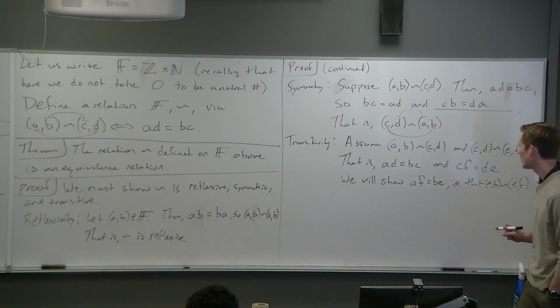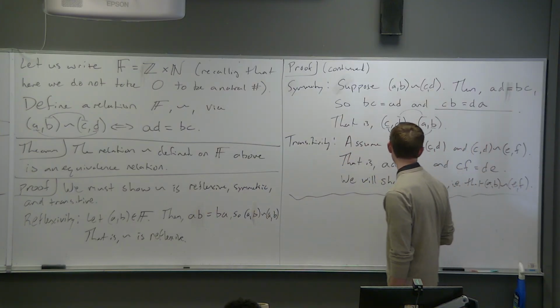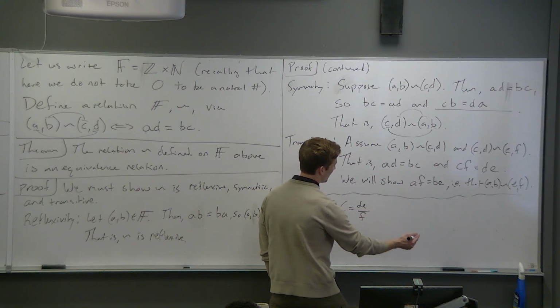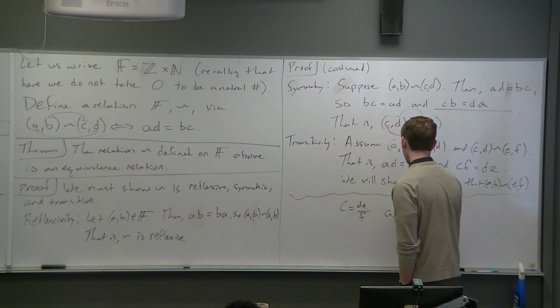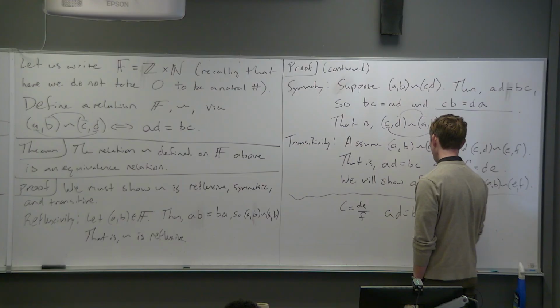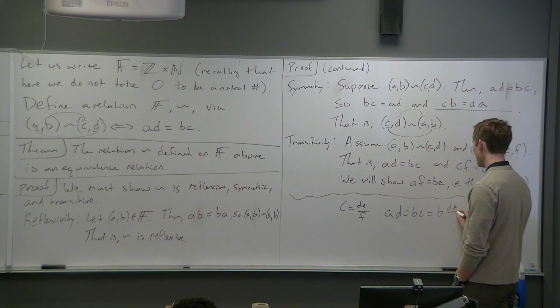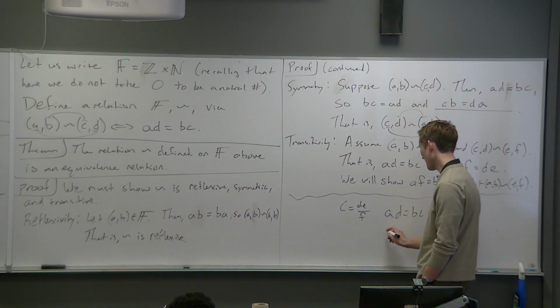Okay, so you're thinking of doing this. Let me do a little tilde line right here. So if C is equal to DE over F, right? And then you go, well, AD equals BC. And then you say, well, hey, that's B times DE over F. And then you could multiply by F's.